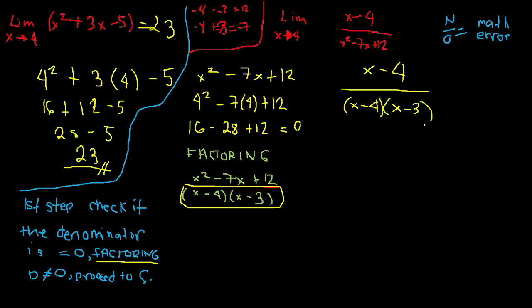Okay, ngayon, pwede na natin siyang i-simplify. So, x minus 4 divided by x minus 4, cancel na to, di ba? And then, yung maiiwan na lang dito, kasi di ba x minus 4 divided by x minus 4 is equal to 1, ay 1 over x minus 3. Di ba?